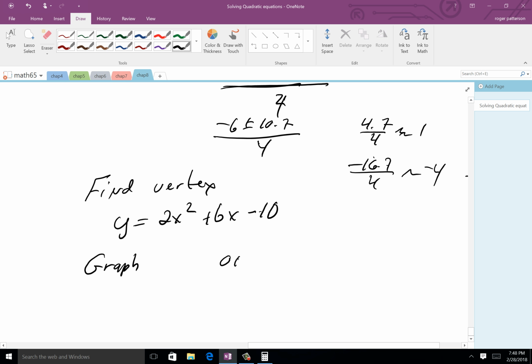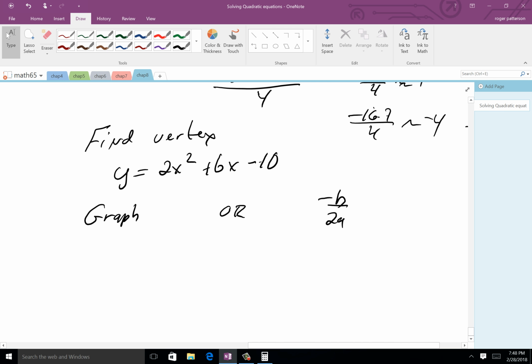But remember, that's only going to give you the x, right? I still got to find the y. So negative b, so it's negative 6 over 4. It never comes out nice. I get negative 3 halves.